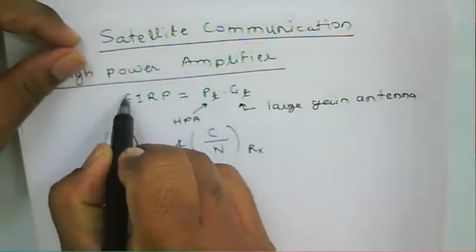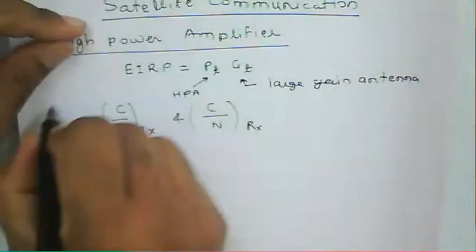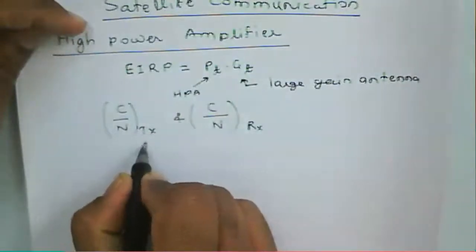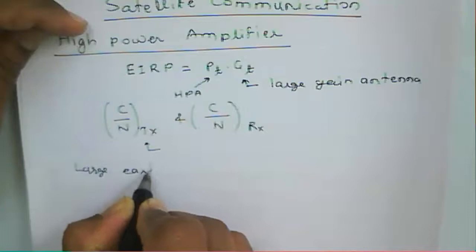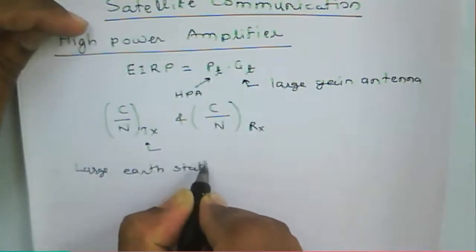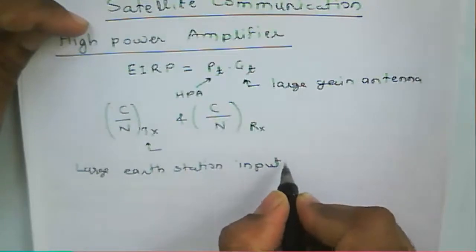In that case the EIRP required is large for the large earth station, because the input is from various components.